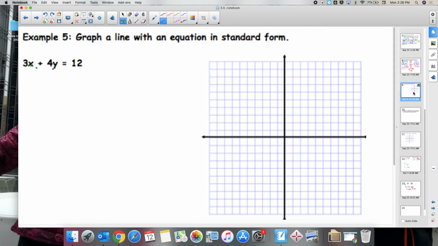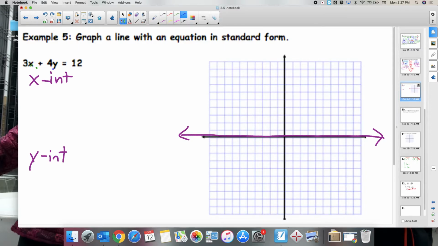Take a look at example 5 then. It says graph your line in standard form. Standard form we said was going to be useful because we can use it to find your x-intercept and we can use it to find the y-intercept. Now, your x-intercept, that means where it is going to cross the x-axis.